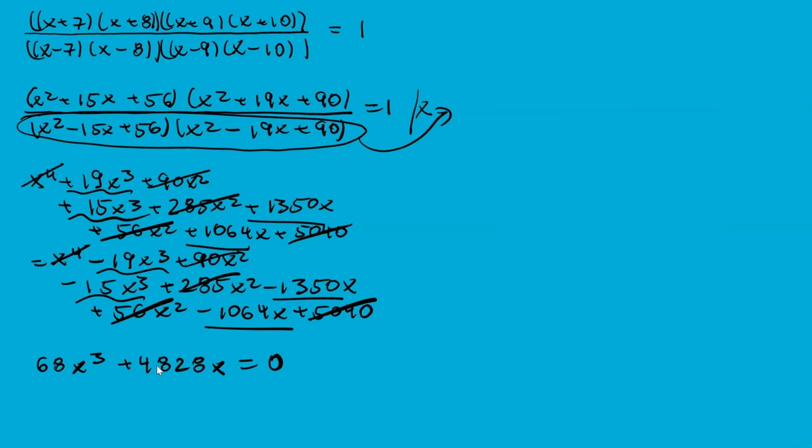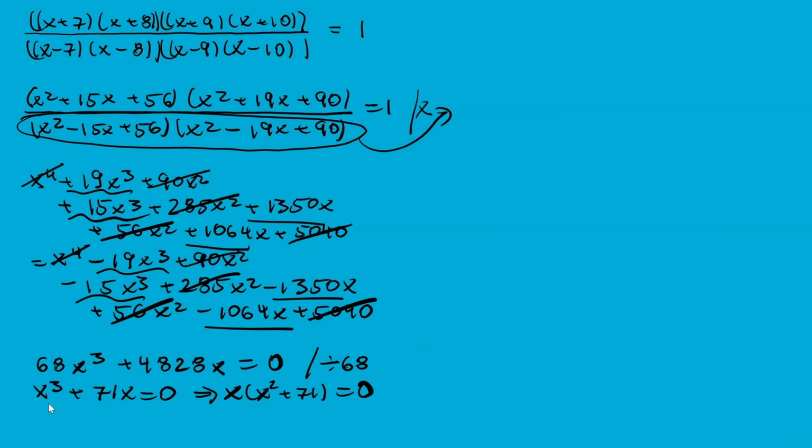And it just so happens that 4828 is a multiple of 68. So we divide by 68, and we obtain x to the power of 3 plus 71x equals 0. And we can factor x here. Get x times x squared plus 71 equals 0.